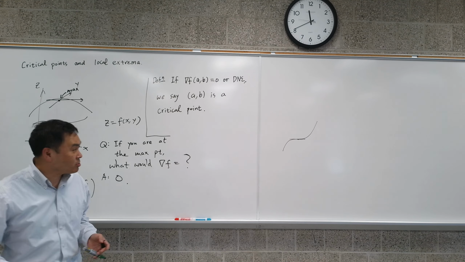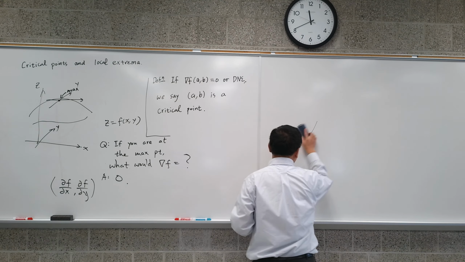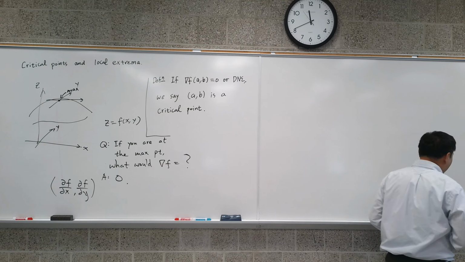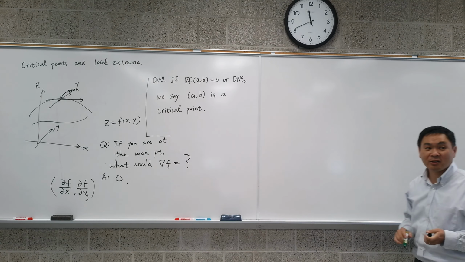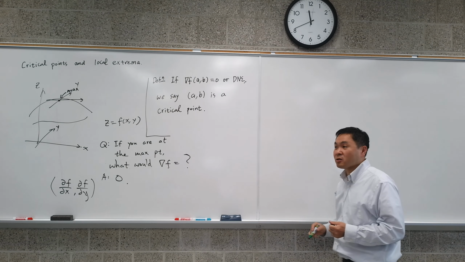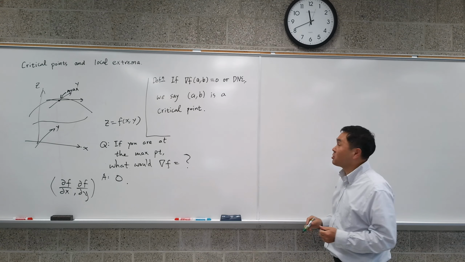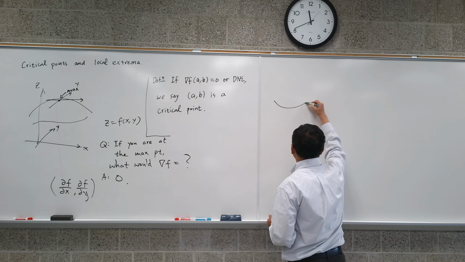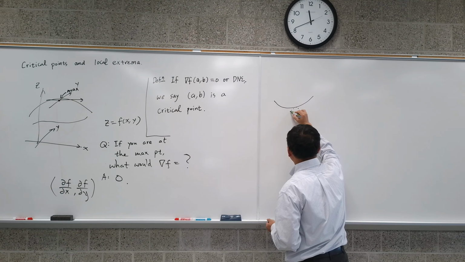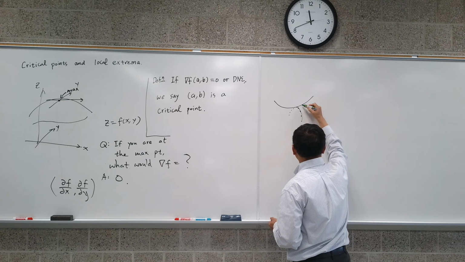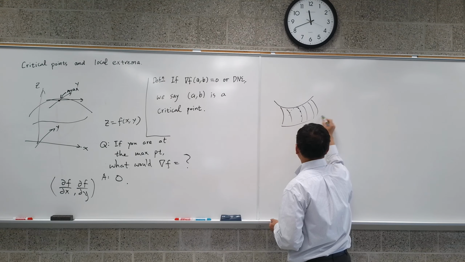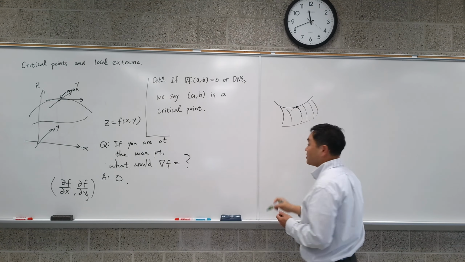In the multivariable case, when the graph is three-dimensional, now you have some more complicated cases. Here's an example of a critical point which is neither a relative max nor a relative min. So this point right here.